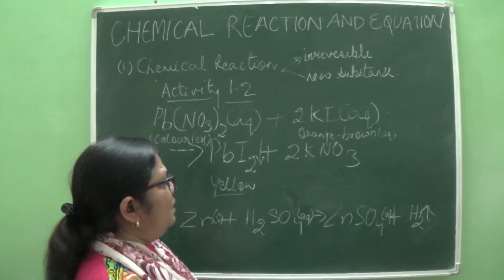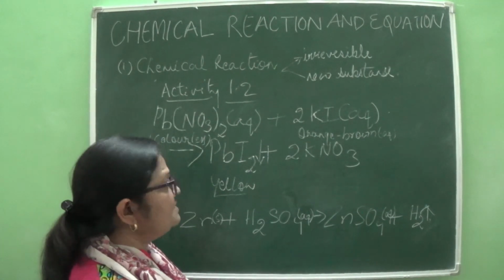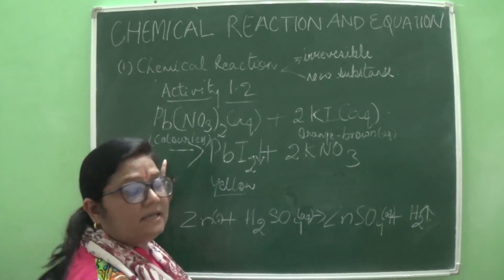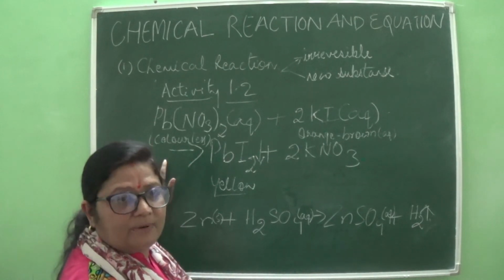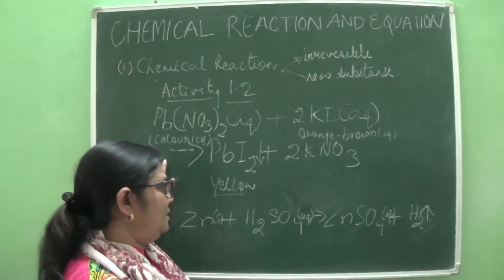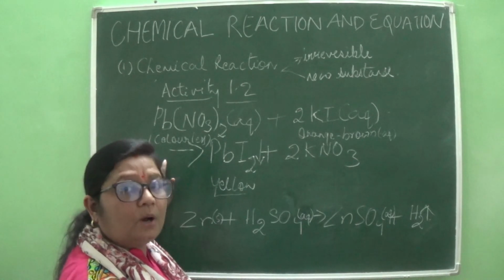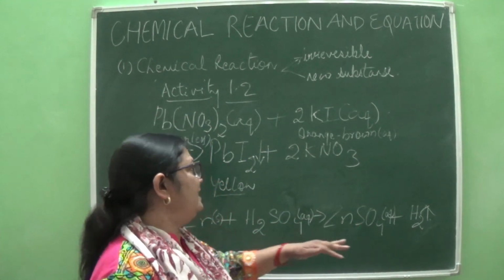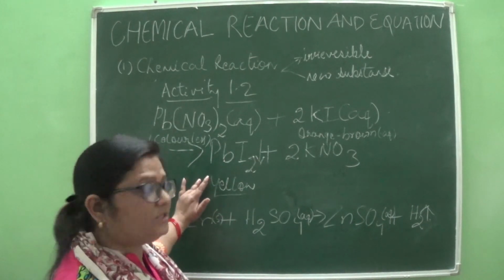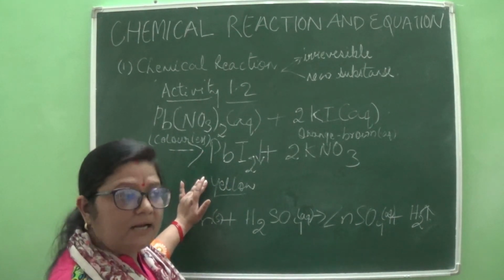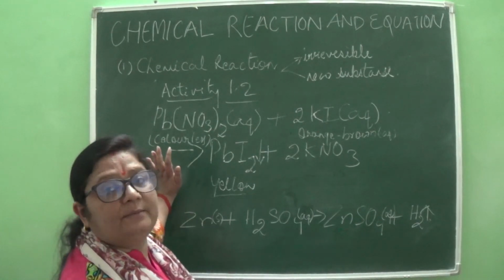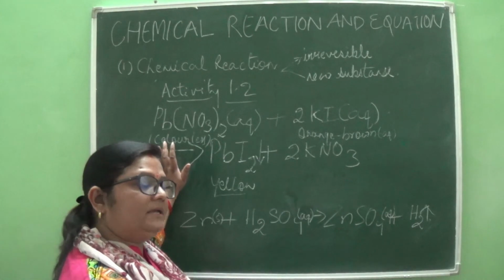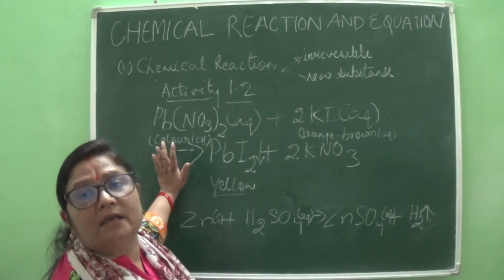So by seeing these examples we have concluded that if a chemical reaction has taken place, there will be a change in state, or evolution of gas, or precipitate formation, or a change in color, as well as a change in temperature, because in the reaction either heat is being taken or it is being evolved.